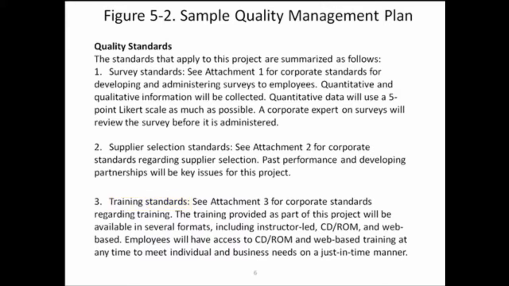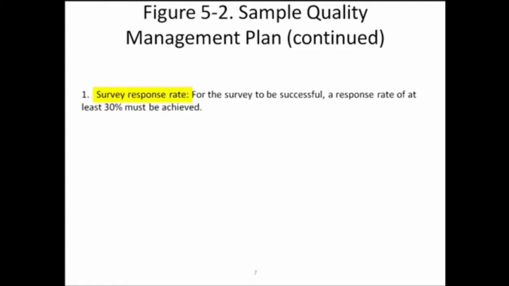So not only are quality standards listed in your plan, you will have the actual metrics themselves. The metrics measure quality performance. Several metrics apply to this particular project, and more may be developed as the project progresses. The project team will use a few key metrics. The first one is the survey response rate. For the survey to be successful, a response rate of at least 30% must be achieved.